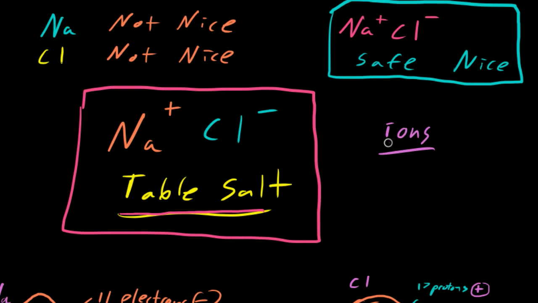Essentially, what I wanted to do in this video is just give you a little bit of a sense that we are able to drastically change the properties of a certain element by doing what might seem like an insignificant little switch, by just having a sodium atom lose one electron and a chlorine atom gain one electron.